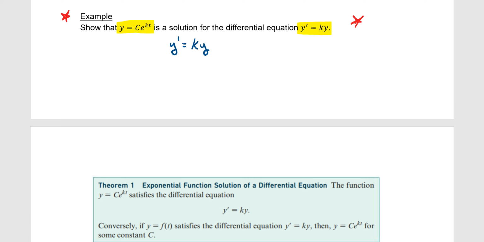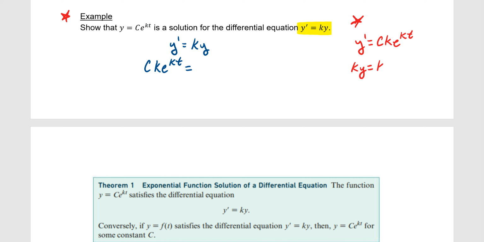We know that y prime is the derivative of y over here, which we already said was ck e to the kt. Remember, c and k are just numbers. So let's substitute that in on the left. That's ck e to the kt. Now we need to know, what is k times y?